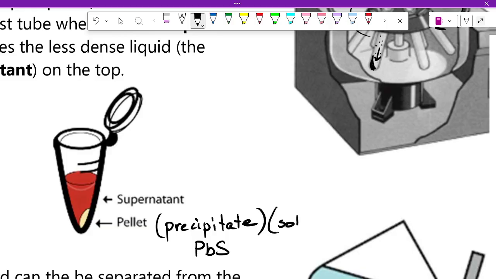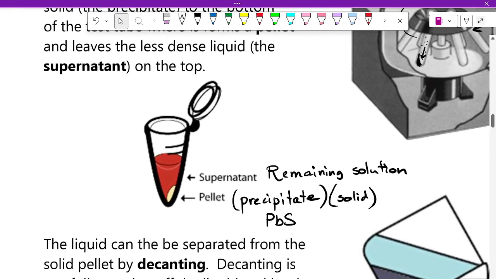That is our solid. And then up above it, we have the supernatant, which is the remaining solution. Are you going to be asked for the words supernatant and pellet? Probably not, but if you take a university level lab course, you certainly will be expected to know what they are.